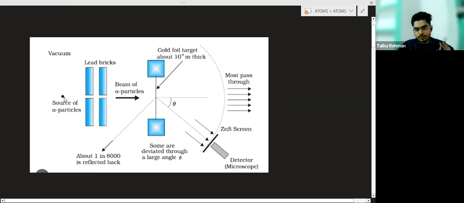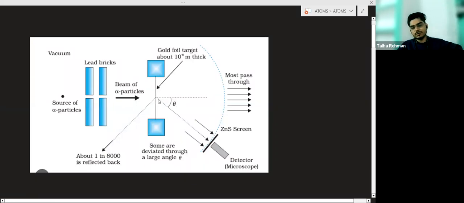So what will happen? From this source, the alpha particles will travel like this. This is the beam of alpha particles, and this is a thin gold foil, about 10 to the power minus 8 meter thick. Alpha particles are striking this foil.